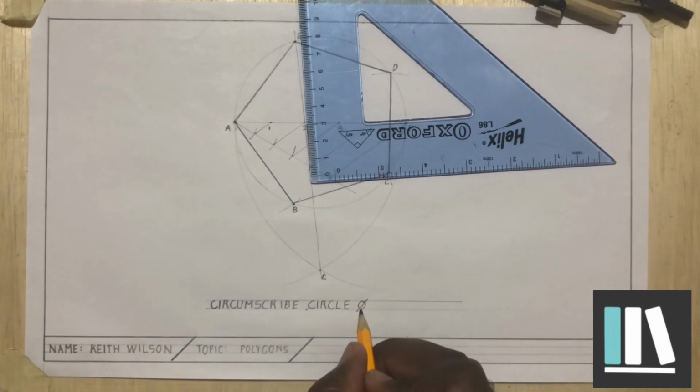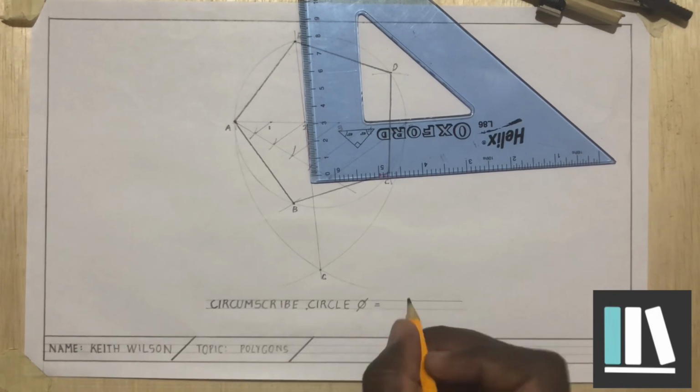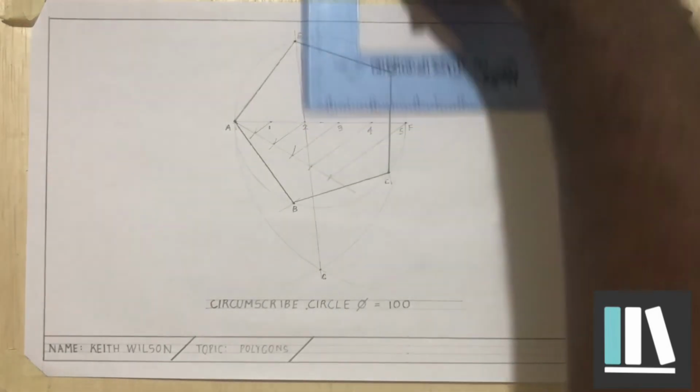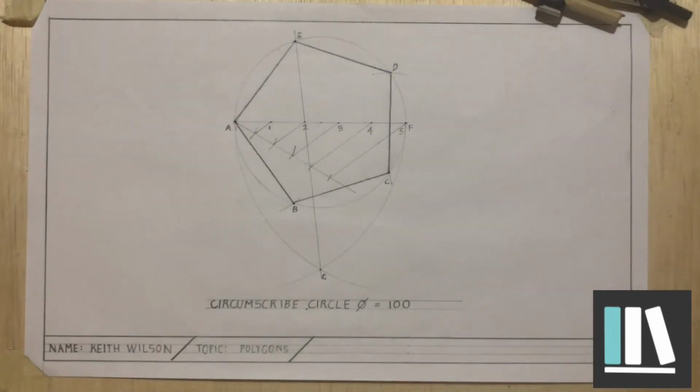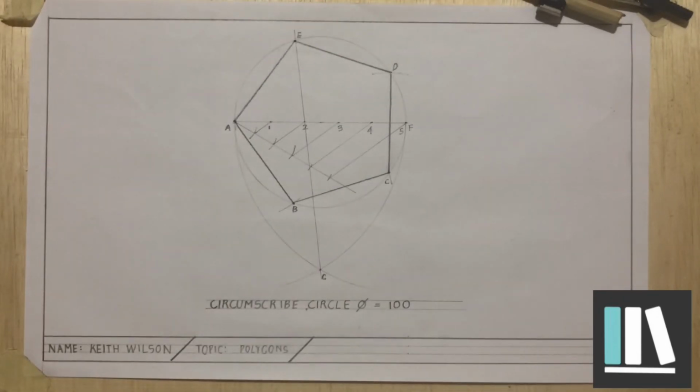And please note, this symbol stands for diameter. And there you have it. I have successfully drawn a pentagon given the length of the circumscribed circle.